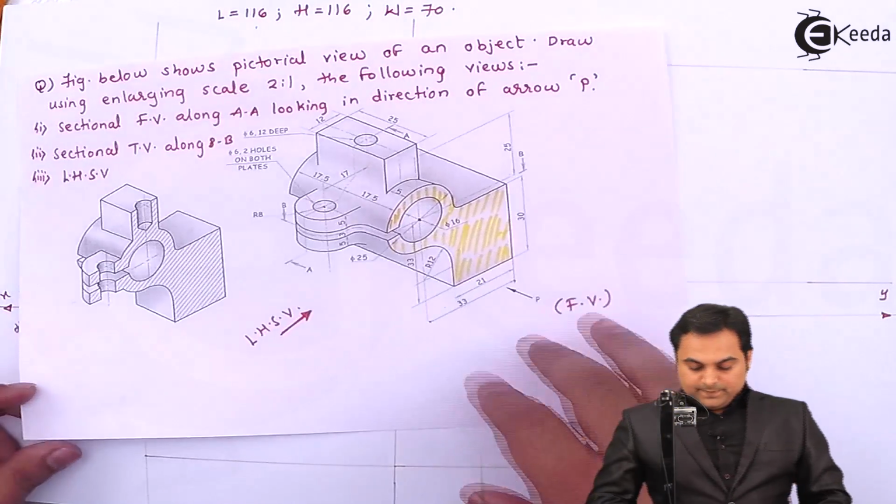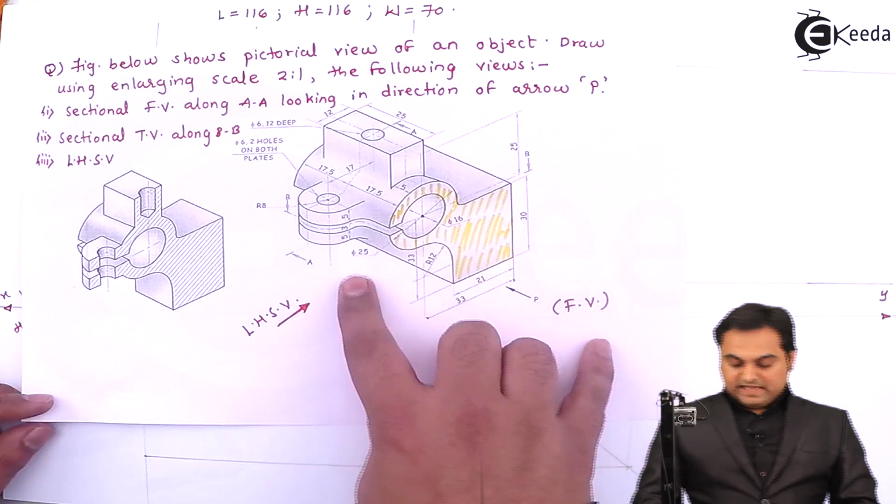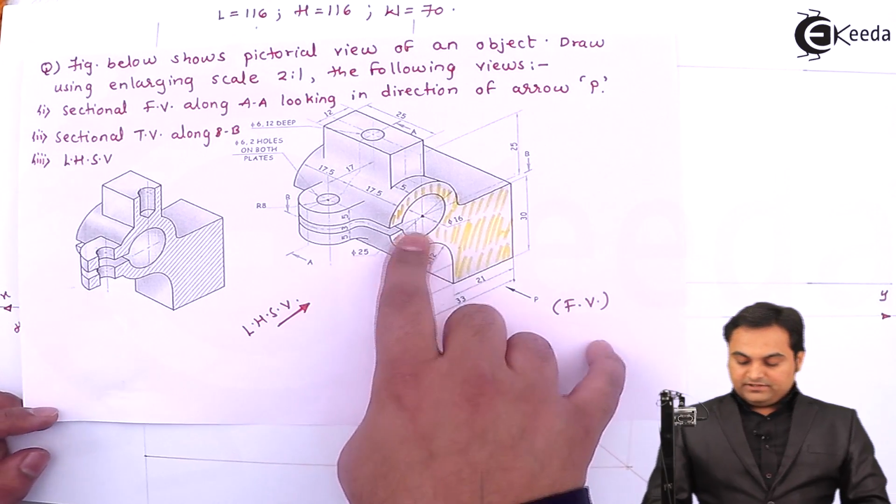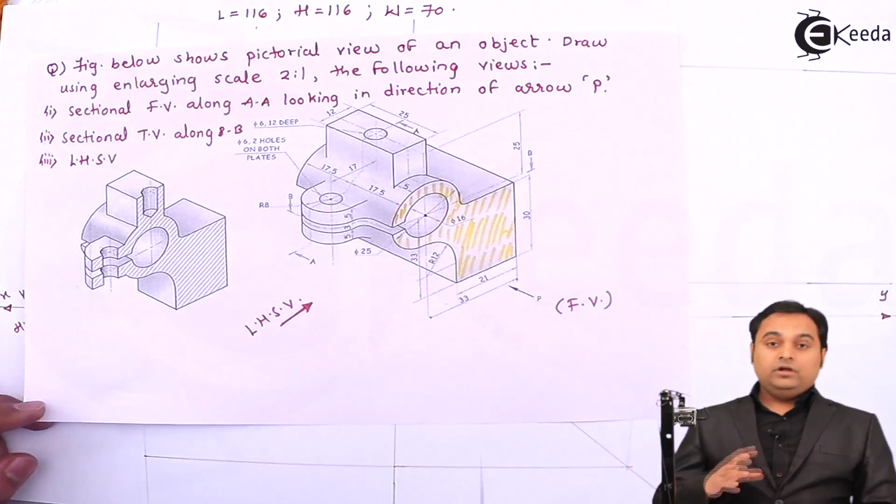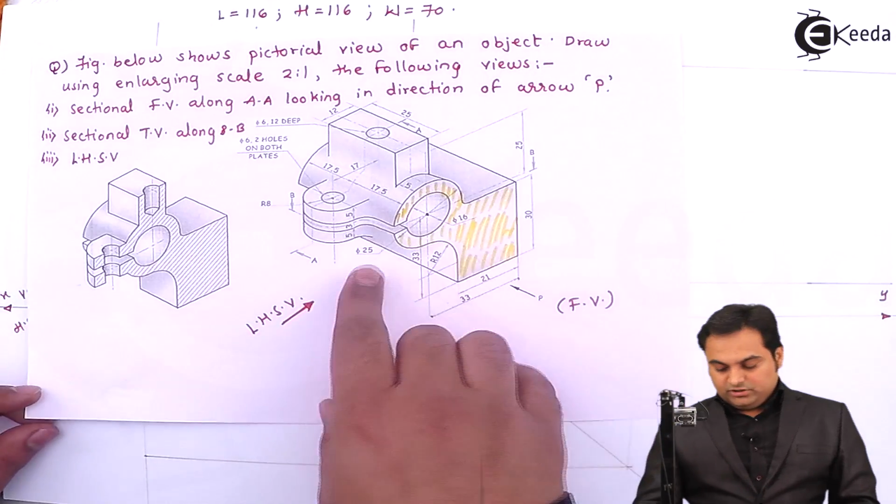So here if we see, the outer circle is having diameter of 25 and inner circle is diameter 16. So I'll start with the outer circle.